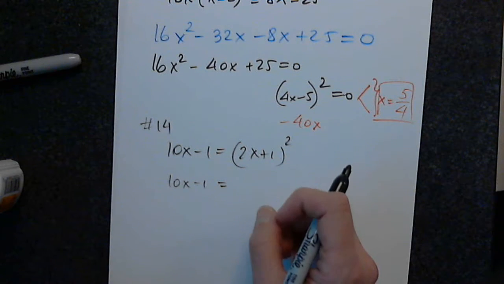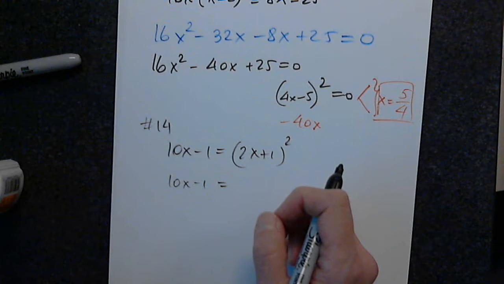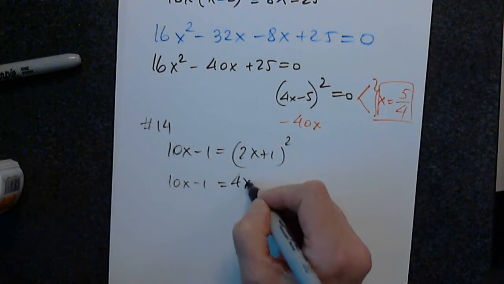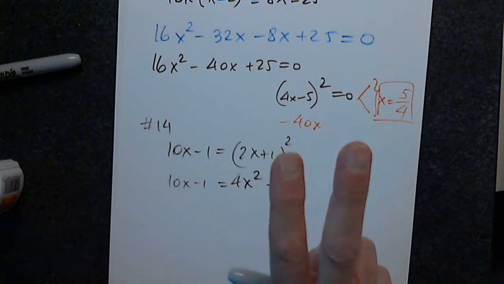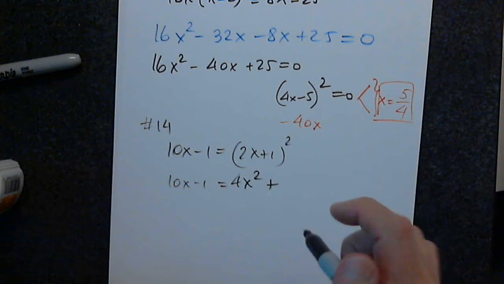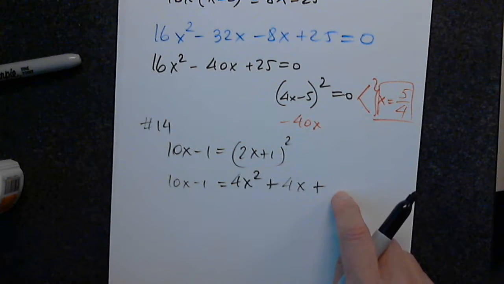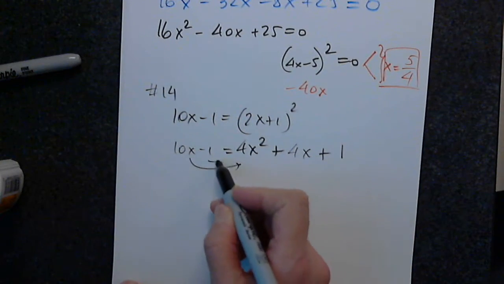But it's squared. 2x squared, how much? 4x squared. Plus 2 times 2x times 1. 2 times 2x, 4x, very good. Plus the second term squared, which is 1.